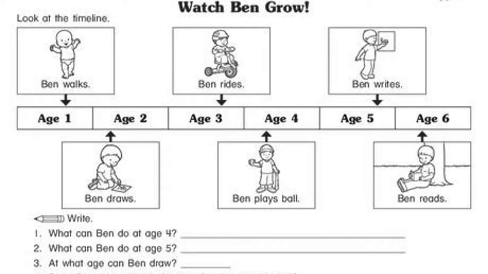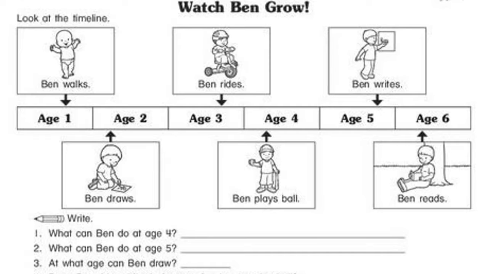So here we have a timeline, and our timeline is titled Watch Ben Grow. Now I'm thinking about some of the features that we've seen, and here it's categorized by age. So we have age 1, age 2, age 3, age 4, age 5, and age 6.